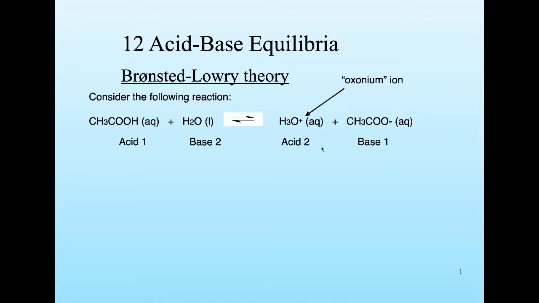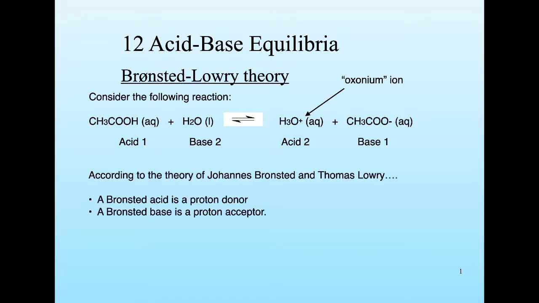On the right-hand side, the species that now has the proton that can be given to other species is the H3O+. So we call this the acid 2, and that's related to the H2O, and the H2O is base 2. Okay? They're called conjugate acid-base pairs, but we'll talk about that a bit more in a second.